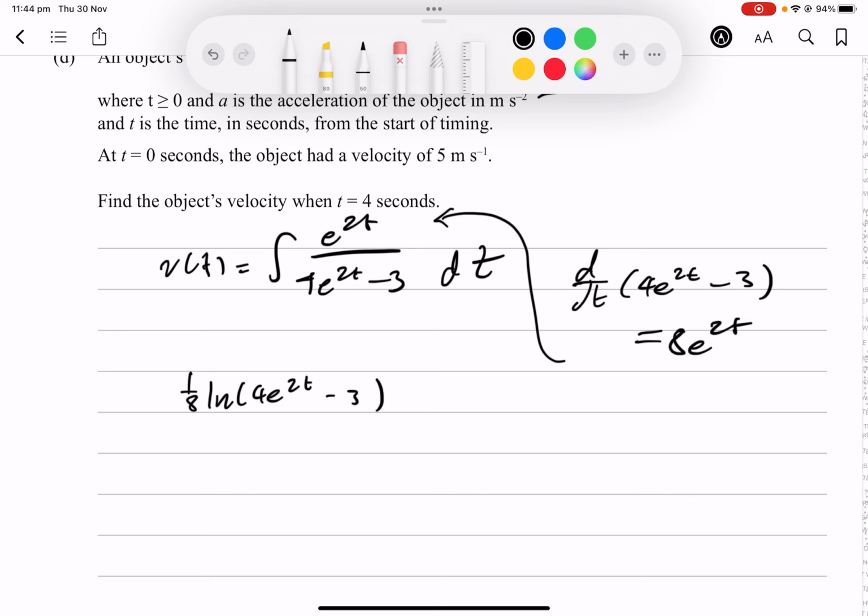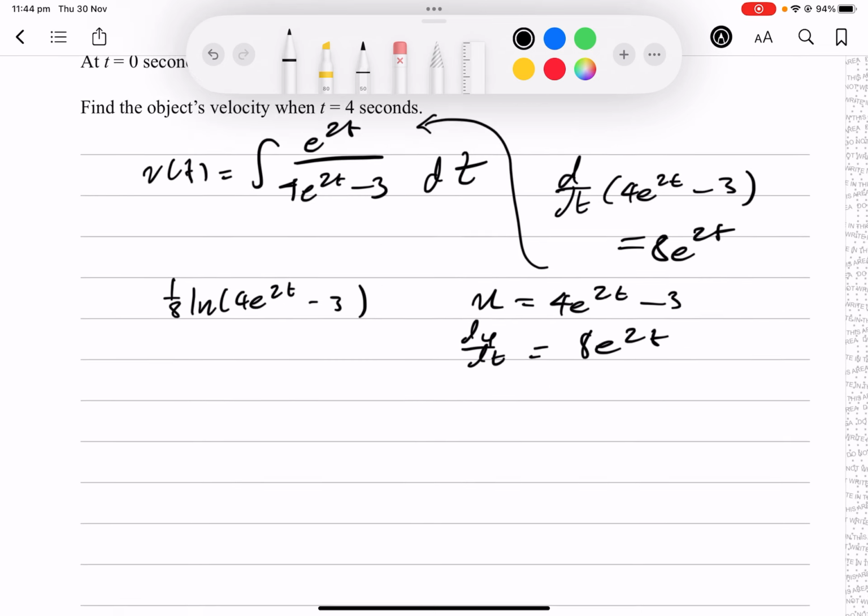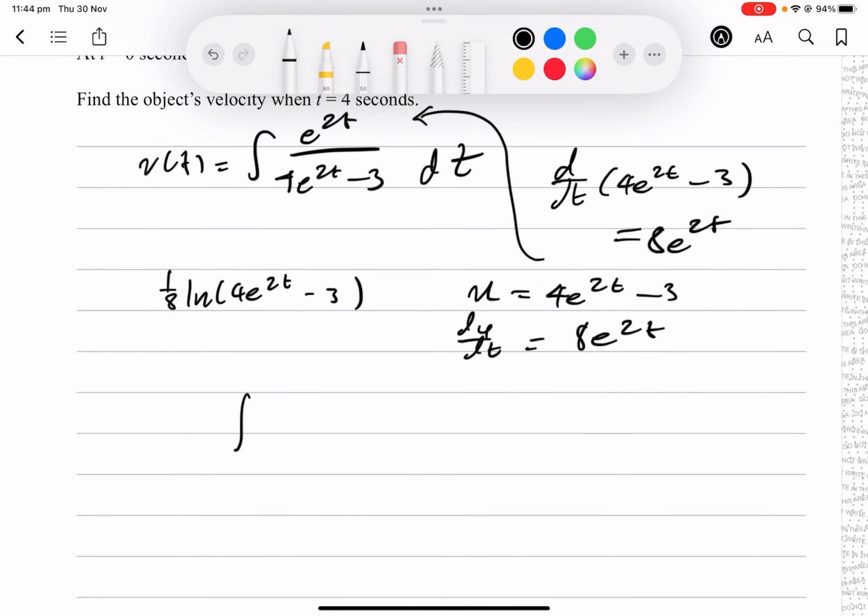Of course, you can also use u substitution. You can say u equals 4e to the power of 2t minus 3, so du on dt equals 8e to the power of 2t. So therefore, you'll get the integral of e to the power of 2t divided by u, and dt equals du on 8e to the 2t.